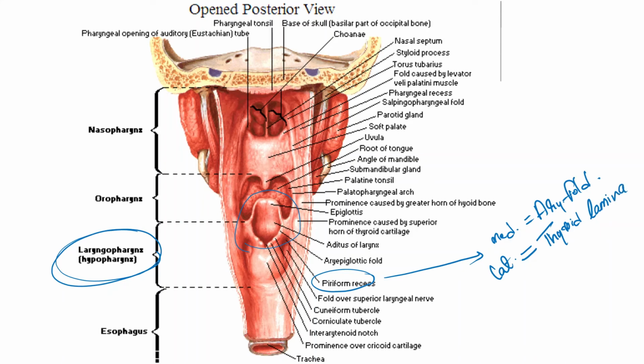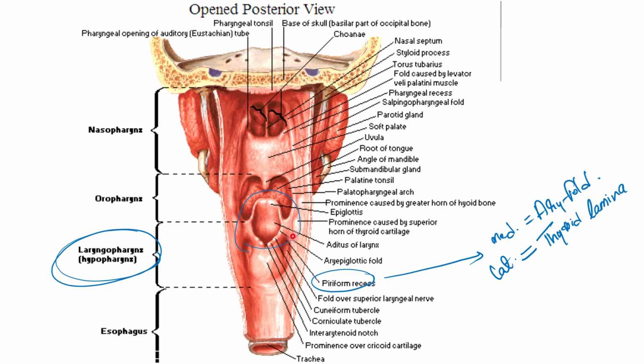Above, this pyriform fossa is limited by the epiglottic valleculae, which is seen here. These are the valleculae present on either side, formed by the pharyngoepiglottic fold, as seen over here. So this is about the pyriform fossa.